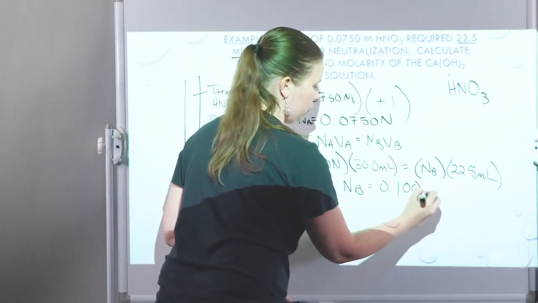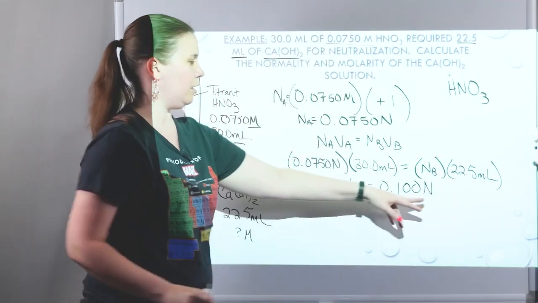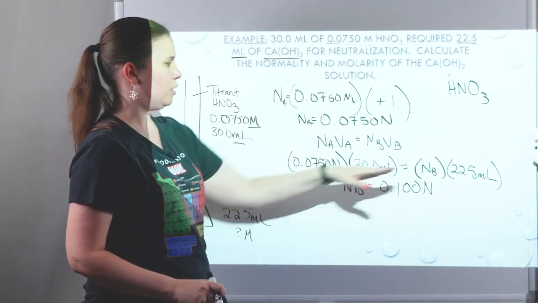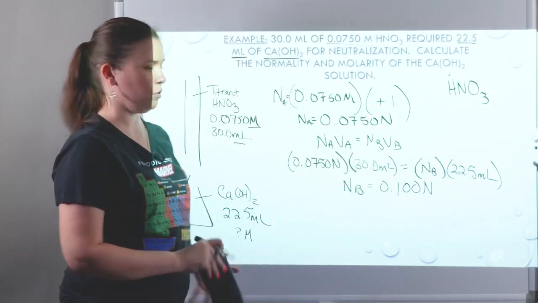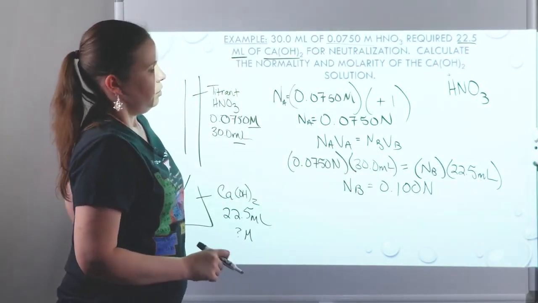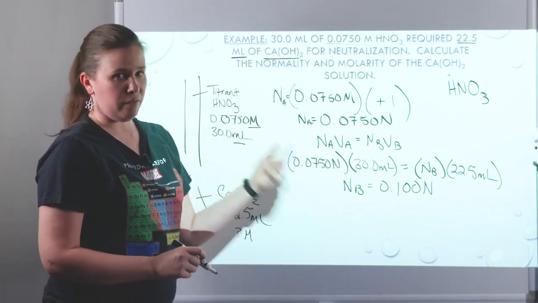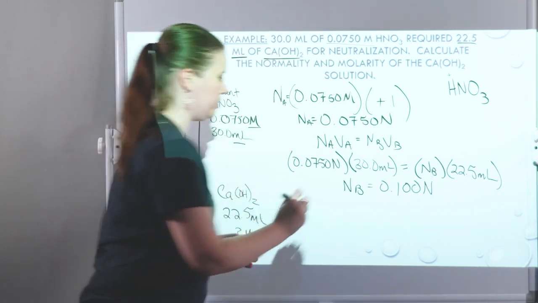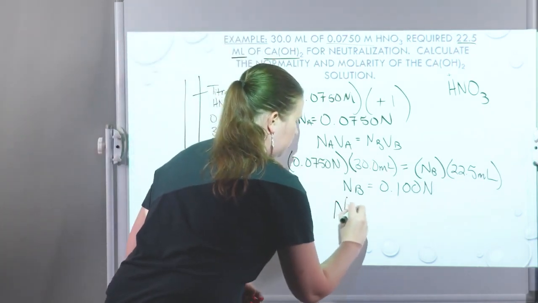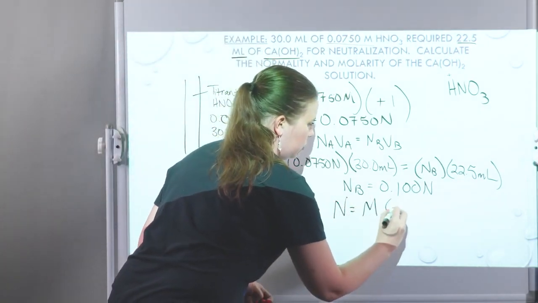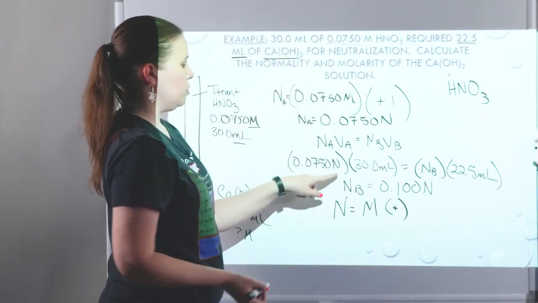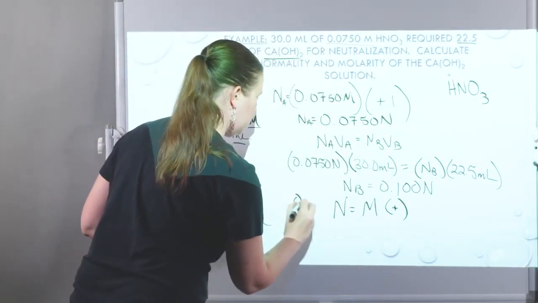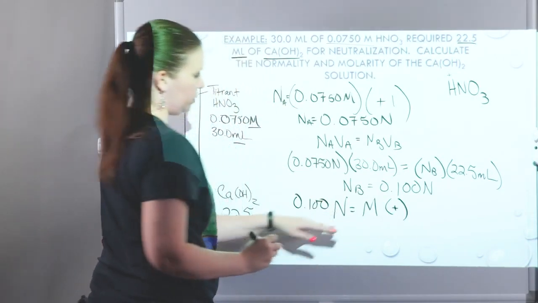So I'm going to add a couple zeros here and give it the unit N, because it's normality. And notice how the milliliters would have canceled out, but the normality wouldn't have. So that would be my normality of the base, but not necessarily the molarity of the base. So normality is equal to molarity times those positive charges. So if I know the normality of 0.100, I could plug that in.